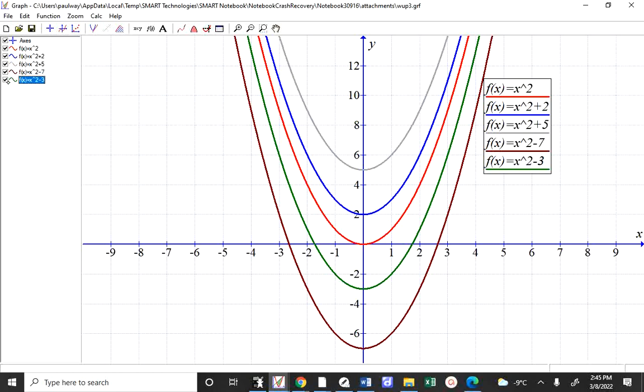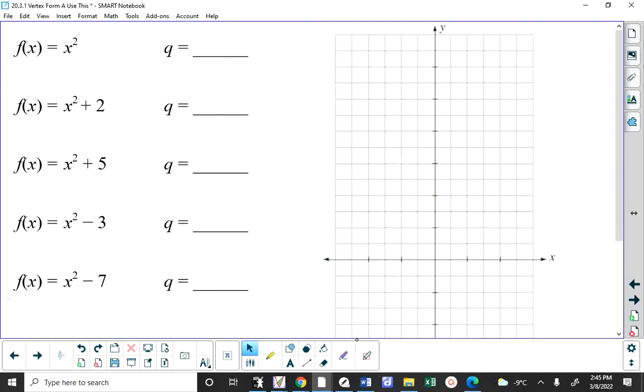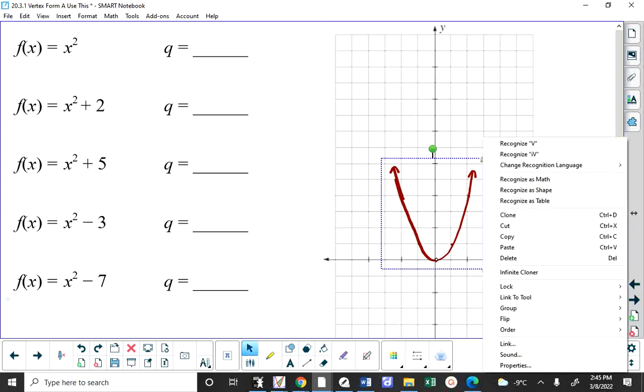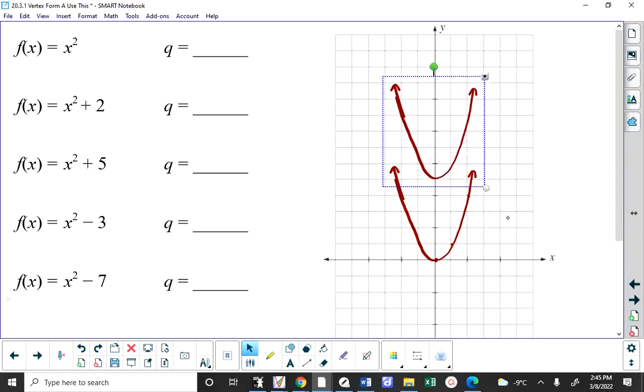I feel as though I don't even want to spend time drawing all of these, but I will draw a couple. And I'm not going to spend too much time on this. Y equals x squared looks like this. And I can very easily cheat. If that's y equals x squared, then this is y equals x squared plus 5.